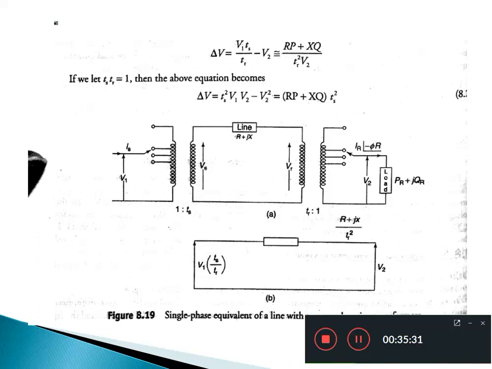Then you connect the load side. So the source side transformer is Ts and the load side transformer is Tr. The tap position is 1 on the source side and the same on the load side, because here we consider ideal windings, or an ideal transformer, to analyze the complete operation. That is, the number of turns in the primary winding is equal to the number of turns in the secondary winding. The ratios of the transformers considered are 1 is to Ts and Tr is to 1.